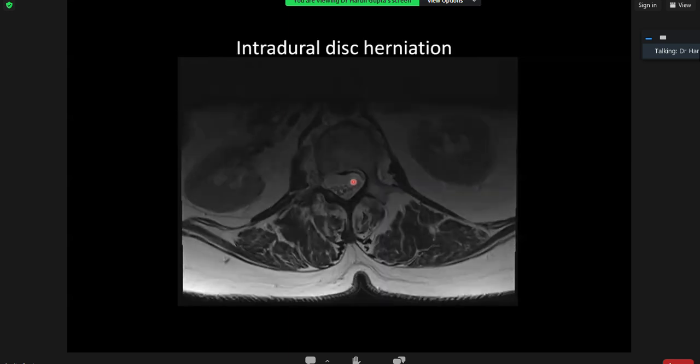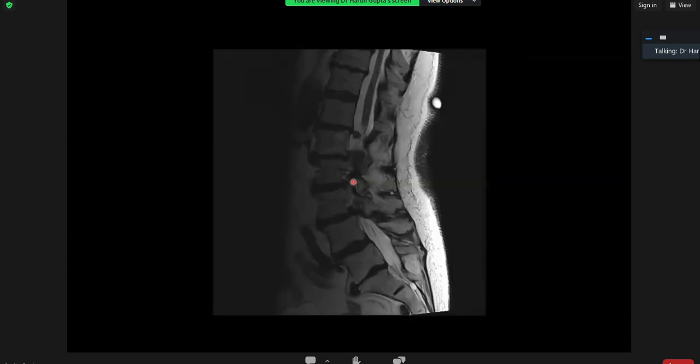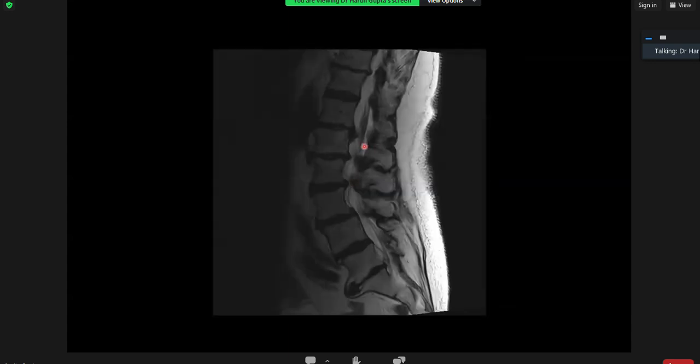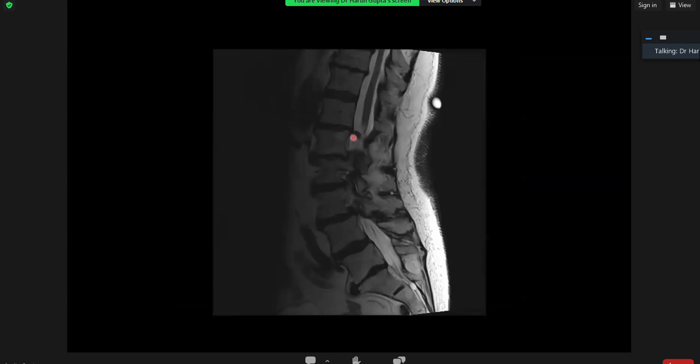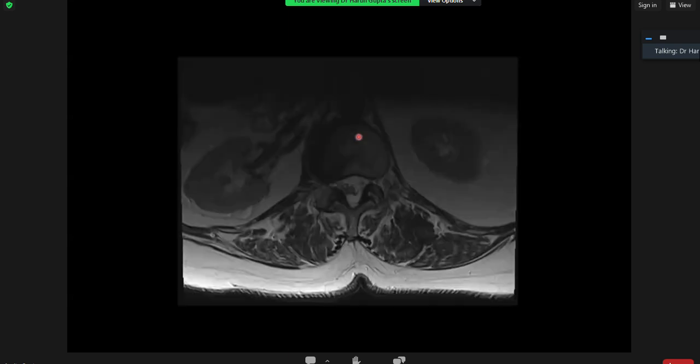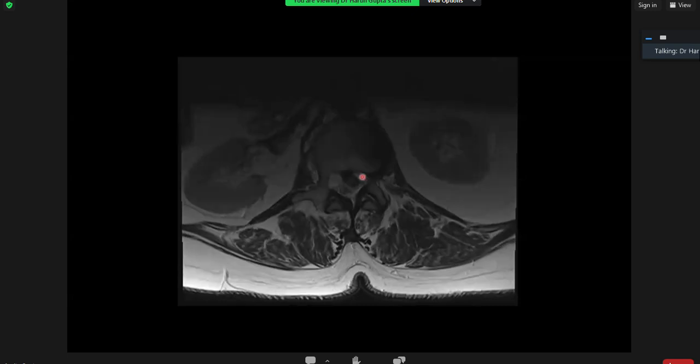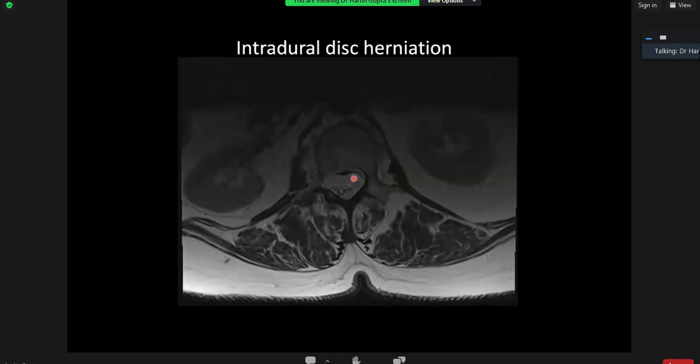And what is this? This is an intradural disc herniation. So let's look at it again. So basically what has happened is that the disc has extruded and encroached into the thecal sac. So what we see here is complete low signal material extending into the thecal sac through the dura, and this is intradural disc herniation.